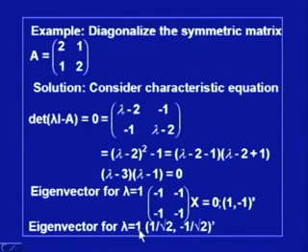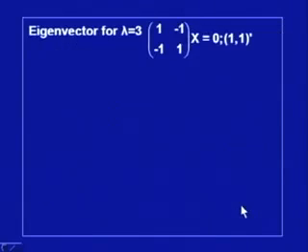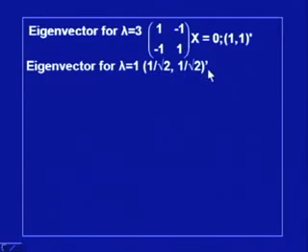For lambda equal to 1, we have this vector, which is a unit vector. For lambda equal to 3, this is the system, and corresponding to this we have (1, 1) as its eigenvector, which can be divided by its magnitude.